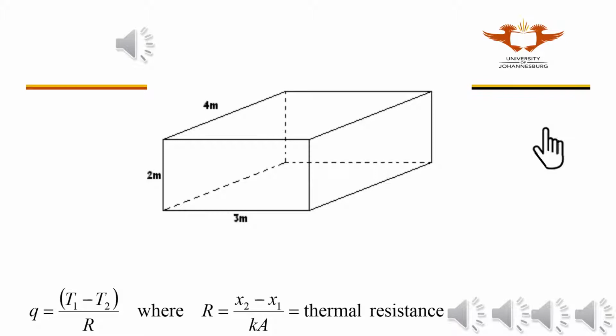This slide will show you how to calculate thermal resistance for a flat plane solid of size 4 meters by 3 meters by 2 meters. The thermal resistance depends on the direction of heat flow.